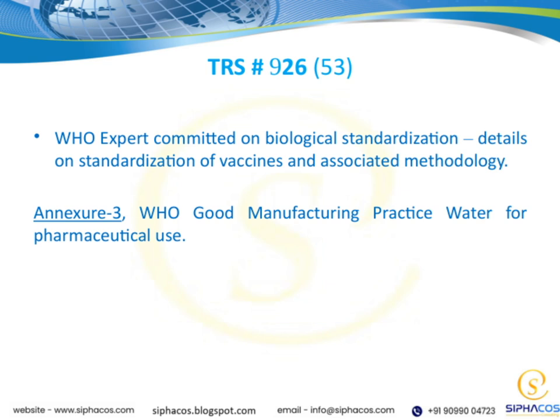This document, TRS 926, 53, provides detailed standards for the quality of water used in vaccine production. Ensuring water quality is a critical part of manufacturing, as contamination can compromise vaccine safety. The standards outlined here help manufacturers maintain consistent quality, which ultimately supports public health.